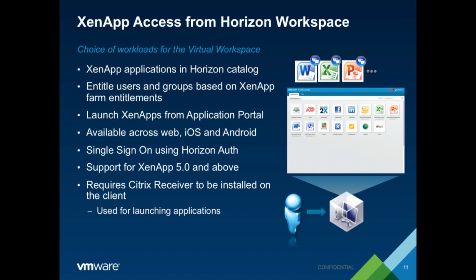They can't see the difference in how the app is populated. They click the icon, and in this case, if it's a XenApp application, we require the Citrix Receiver to be installed on the client or the endpoint. Just like for hosted applications for Horizon 6, we would require the Horizon client, but in this case, we need the Citrix Receiver to successfully launch the XenApp applications.